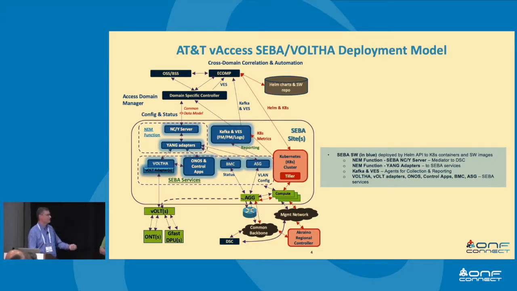And then there are also other components. And you can see here, for example, the aggregation devices are not the Trellis component. We have the Acrano providing the basic underlying up to the Kubernetes level that SEBA gets installed on top of.